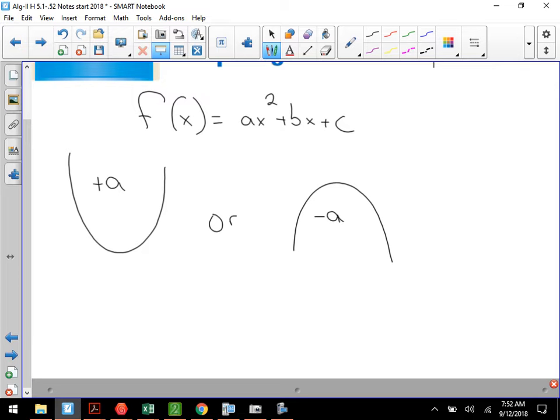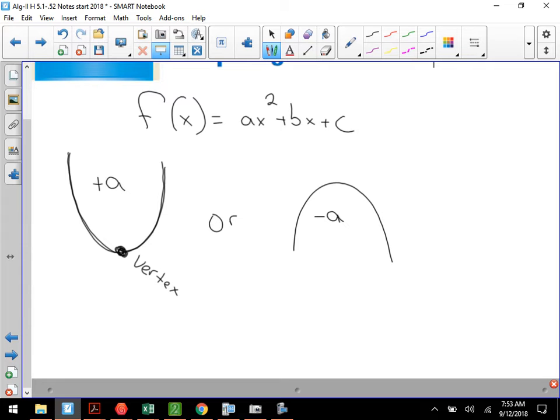Do you guys remember a thing called the vertex on these? The vertex is where, let's say it's a positive value, so it's up like a cup, it's decreasing, and then as soon as it gets to a certain point, it starts increasing. This value is called a vertex.